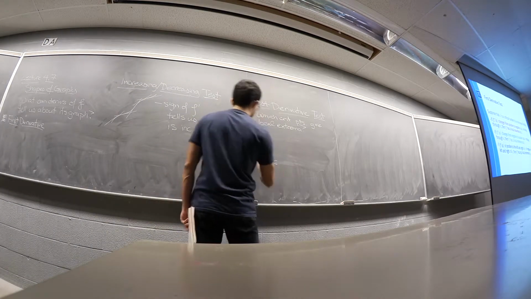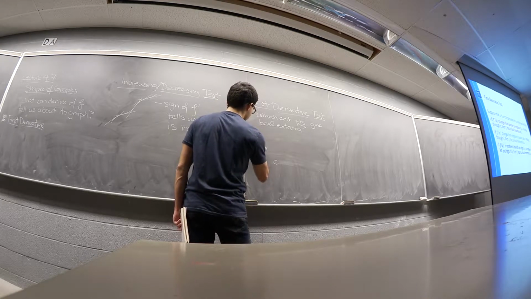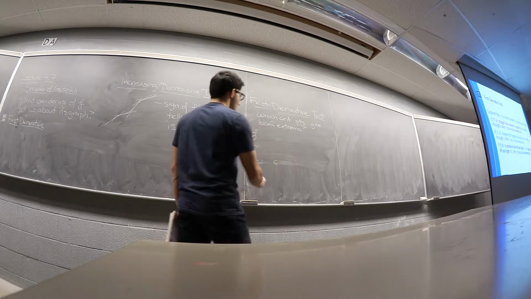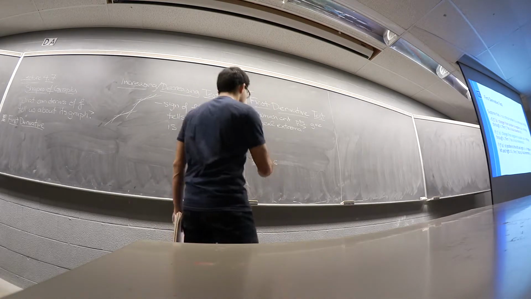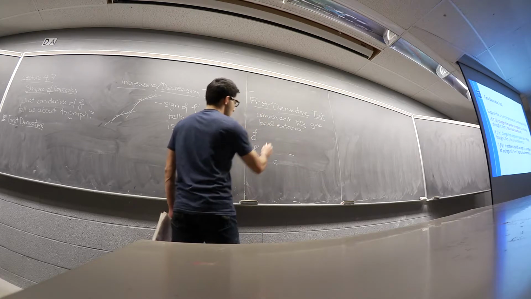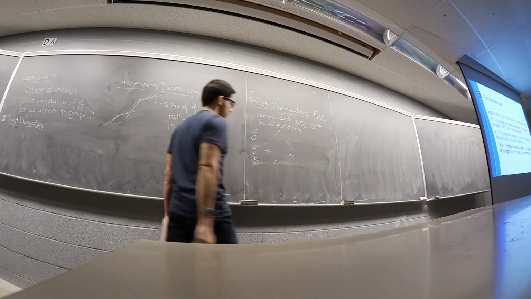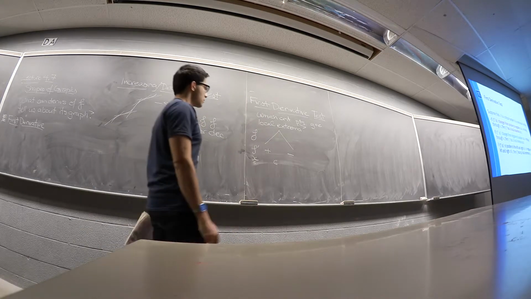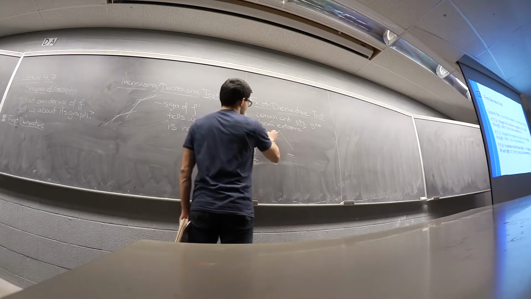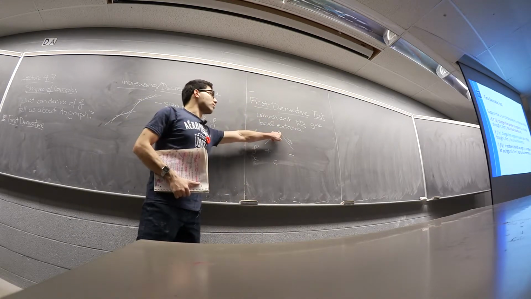So if the derivative goes from positive to negative as we go through c, then the function goes from increasing to decreasing, and so we have a local maximum at c.